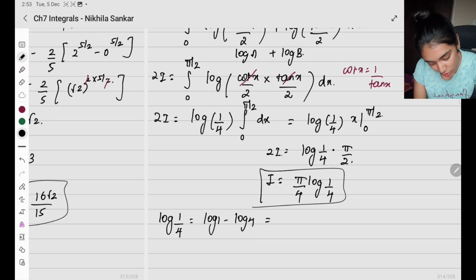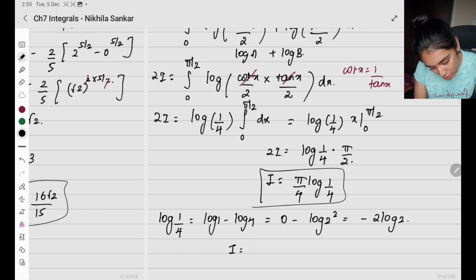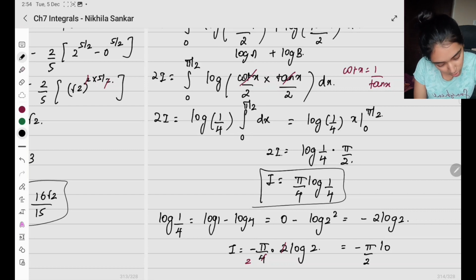Log 1 is 0, so I have 0 minus log 4, which can also be written as 2 square, which is minus 2 log 2. So my final answer can also be written as pi by 4 times minus 2 log 2. So this 2 and this 2 get cancelled. So I'll be left with minus pi by 2 log 2.